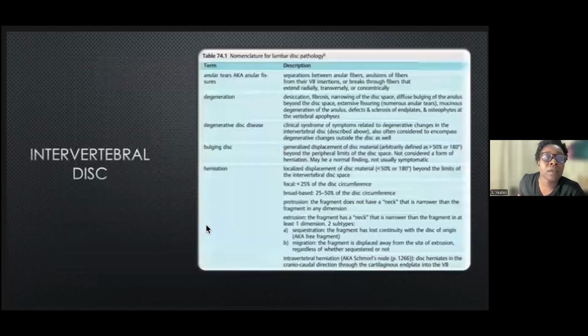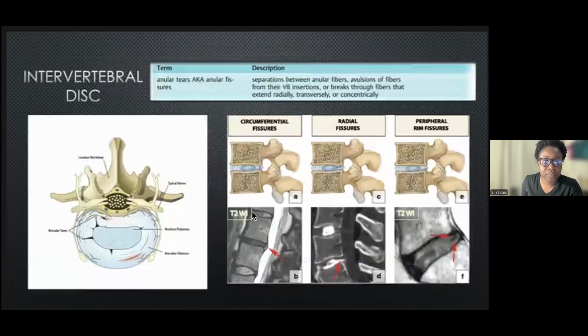So a number of things can happen to the intervertebral disc, and I'll go through each one individually. Firstly, we can have annular tears or annular fissures. When you have increased stress on the annulus fibrosus, or the AF, this could lead to cracks or cavities, and subsequently clefts and then fissures.